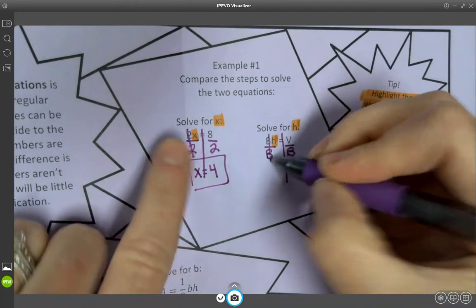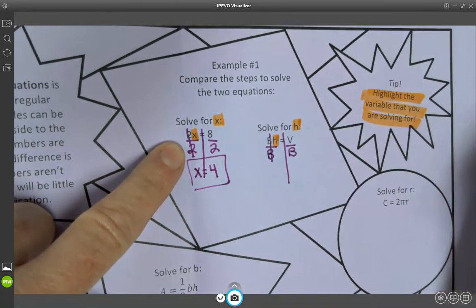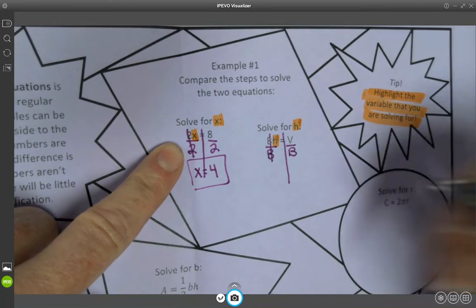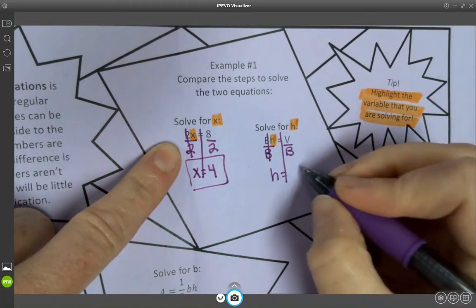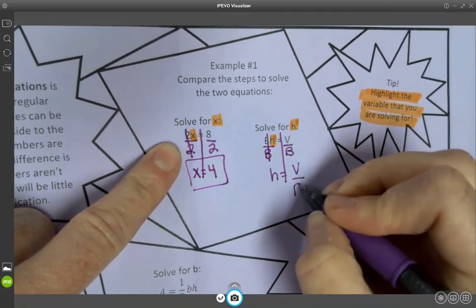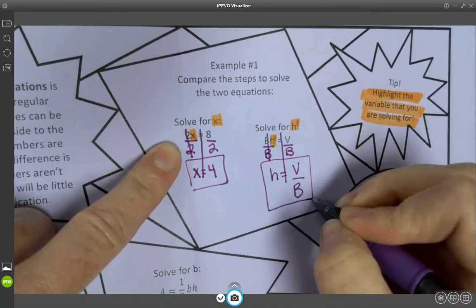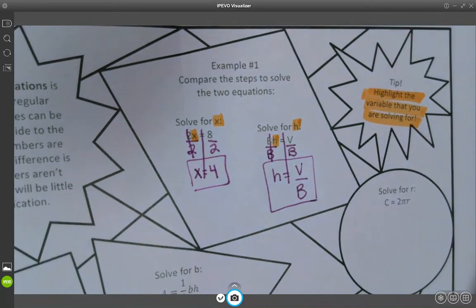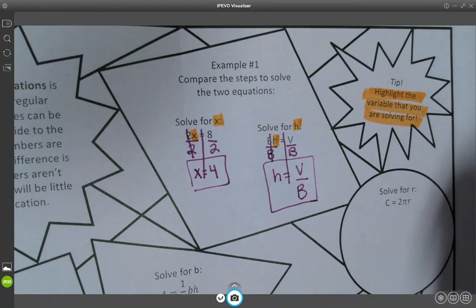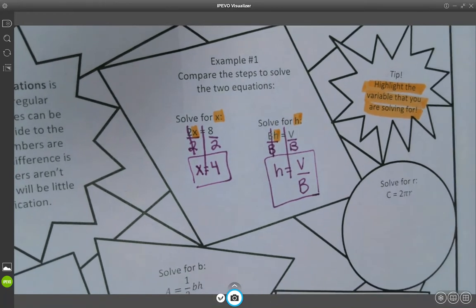The b's cancel just like the 2's cancel because b divided by b gives you 1. So we're left with h equals volume divided by base. We have another equation as our answer because we're rewriting it.